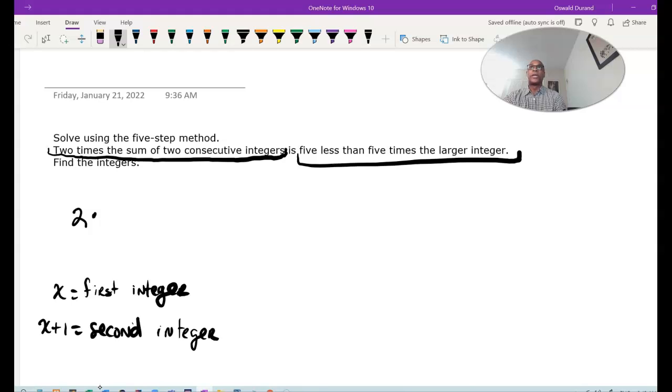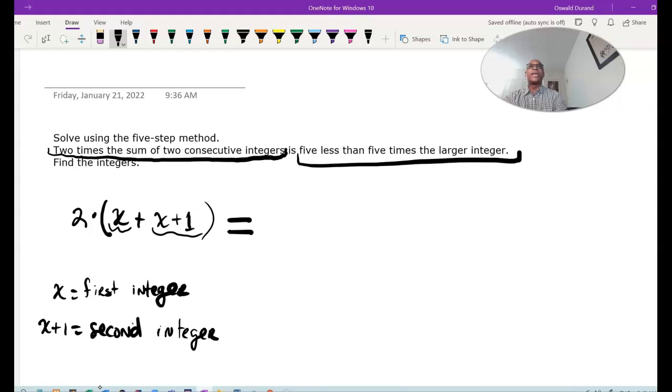So it says 2 times the sum of 2 consecutive. We're going to put that into parentheses, and the sum means x, the first integer, plus x plus 1, the consecutive integer. So this represents the first integer, and this one represents the second integer, and we have 2 times the sum of 2 consecutive integers. Then you have is, that's equal.